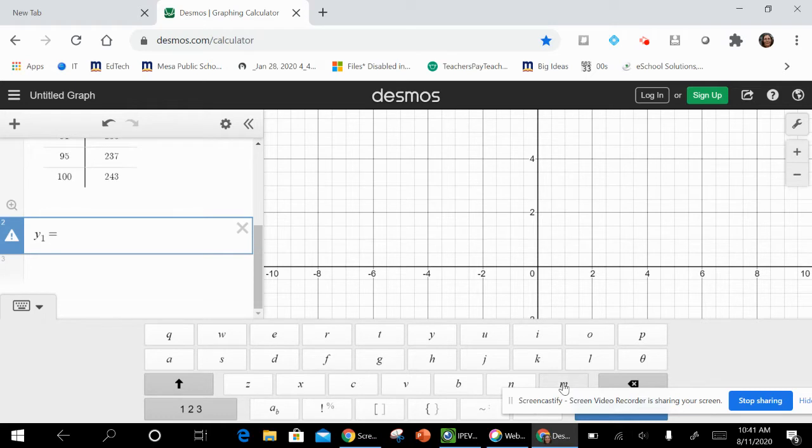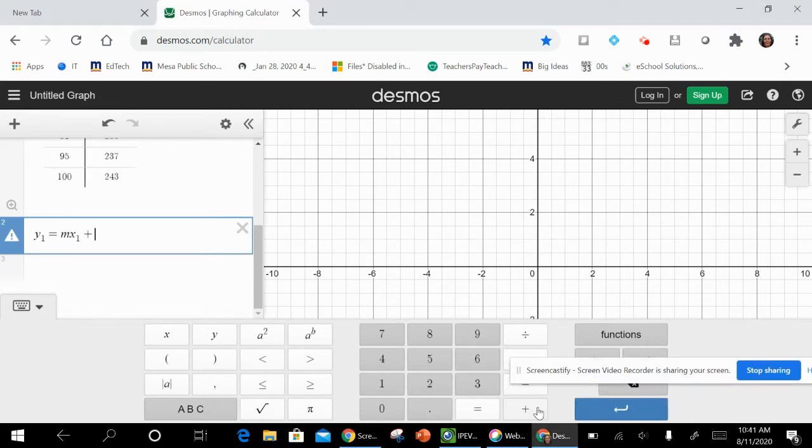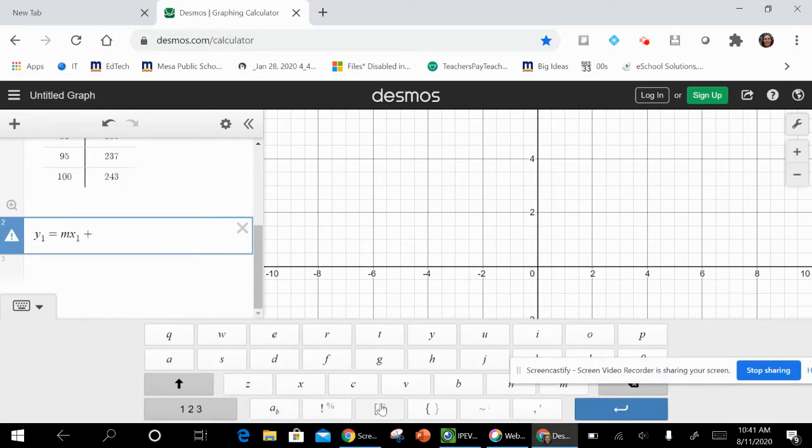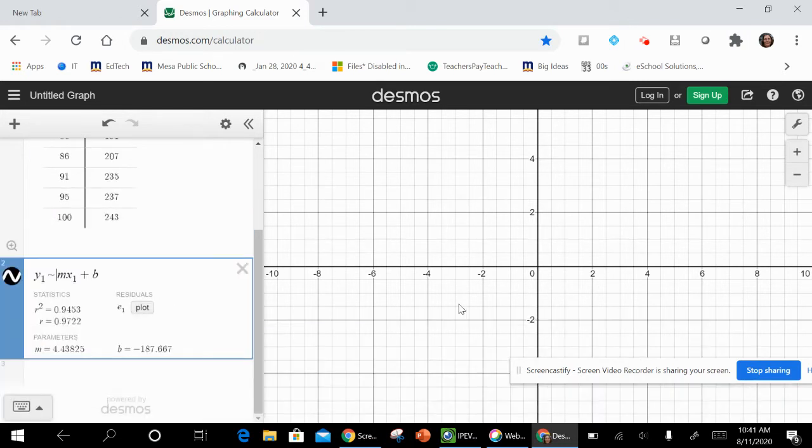I'm going to do m x plus b. Oh, sorry, y'all. Actually, I don't want the equal. So everybody, instead of the equal, that's where you want to go to the keyboard and do the wavy. And I'm going to hide the keyboard. So click on this to hide the keyboard.